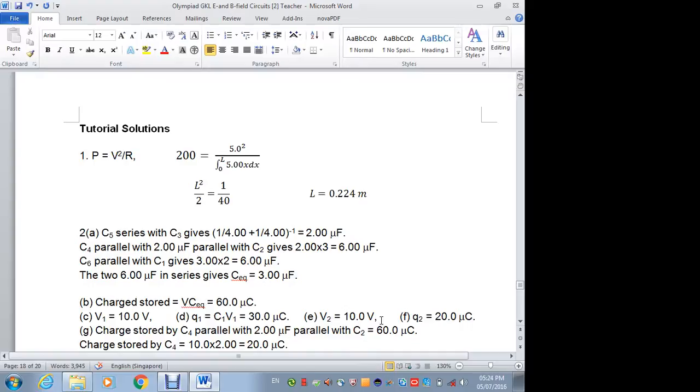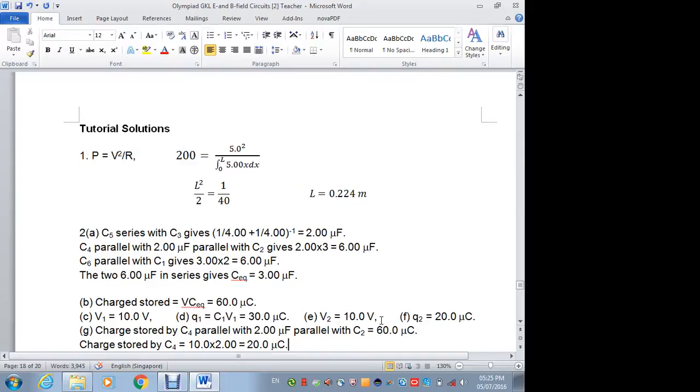P equal to V squared over R, where P is 200 watts across the section of the resistor. Okay? Right, and 5 volts is of course the PD across the resistor. The PD across the resistor must match the PD across the battery, right?